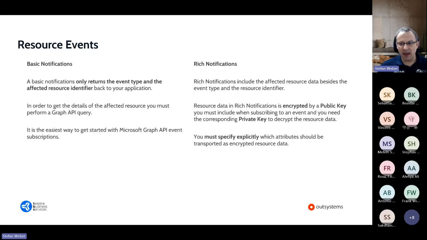The attributes you have chosen with their values are encrypted by a public key you have to send when subscribing to a specific resource. And then you have to decrypt it on your own using the private key of the corresponding public key in order to use the values and the attributes of the payload.